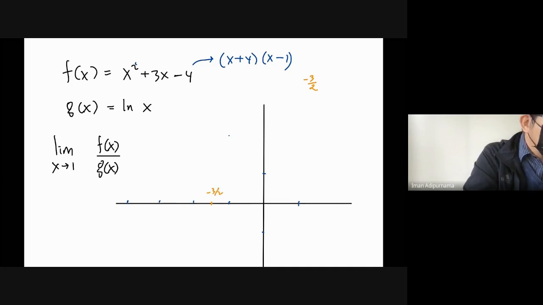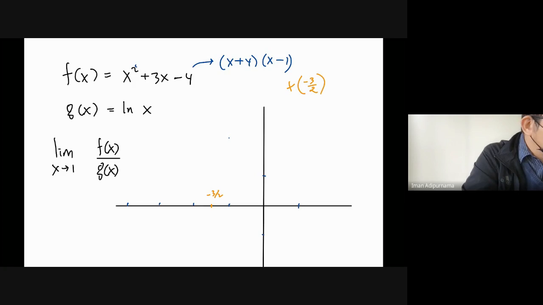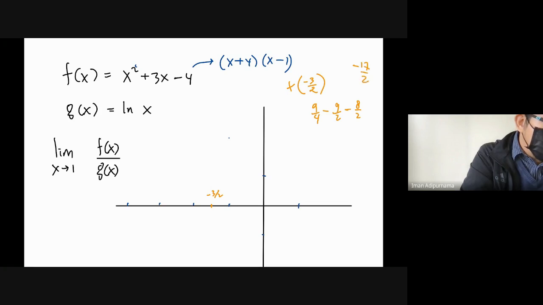And if you have 9 over 4 plus 9 over 2 minus 8 over 2, maybe 17 over 2 is negative 34 over 4.